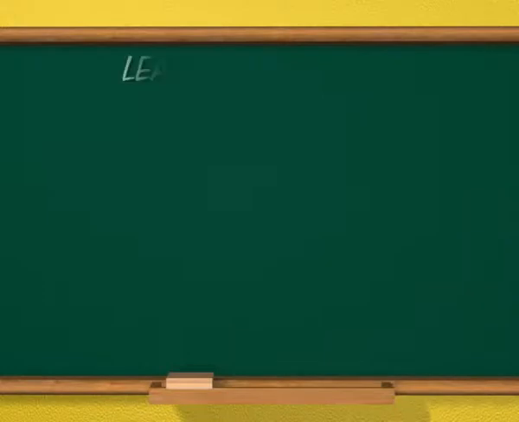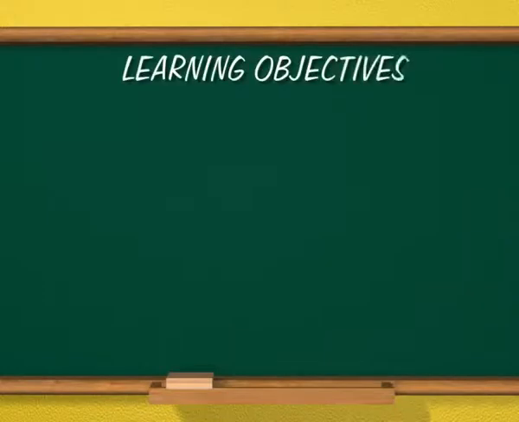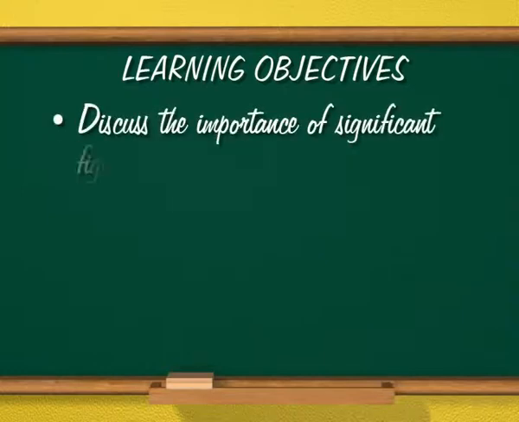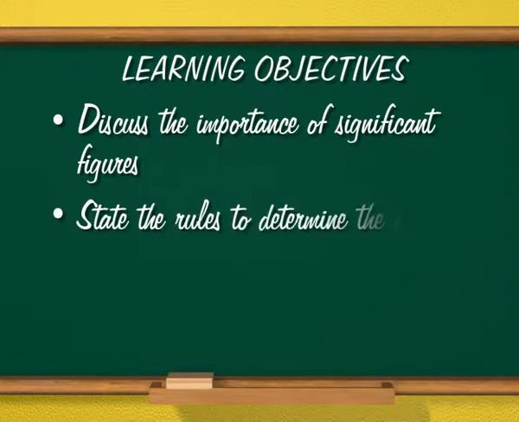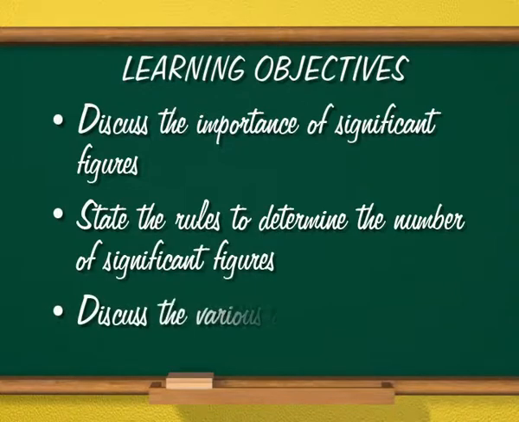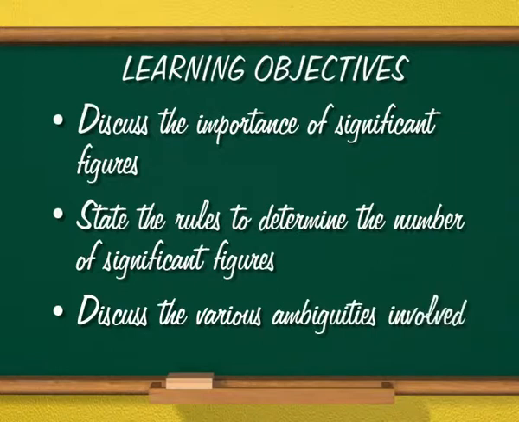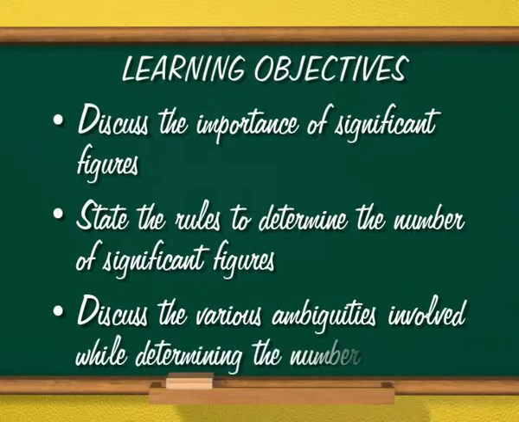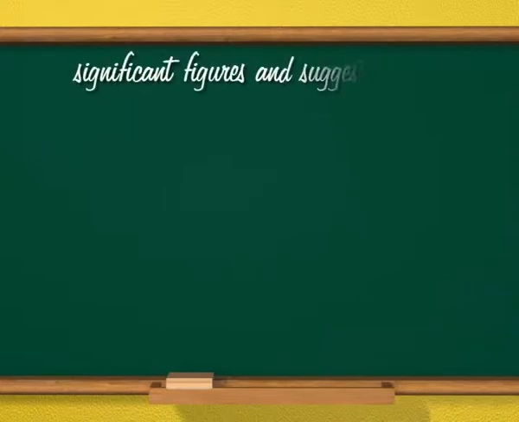On completion of this topic, learners will be able to discuss the importance of significant figures, state the rules to determine the number of significant figures, discuss the various ambiguities involved while determining the number of significant figures, and suggest ways to remove the ambiguities.